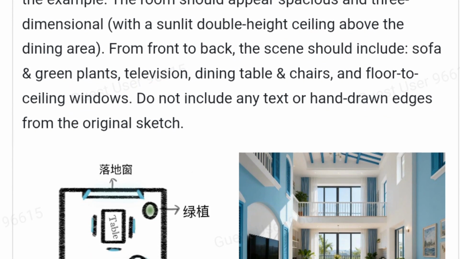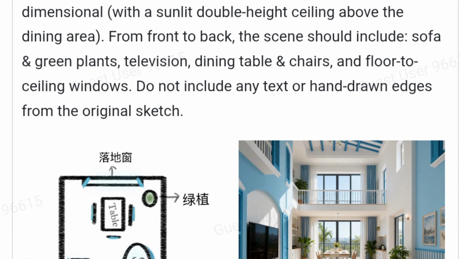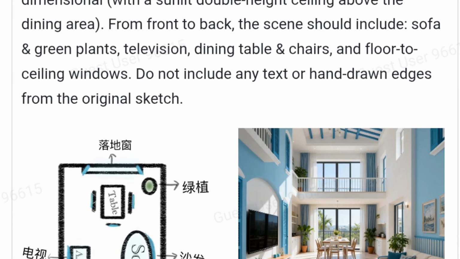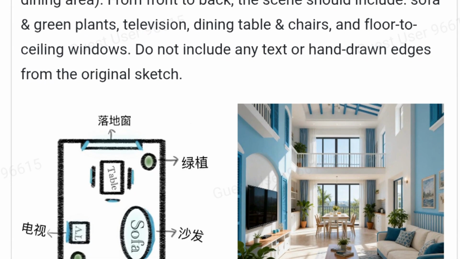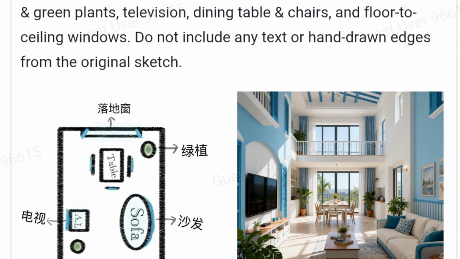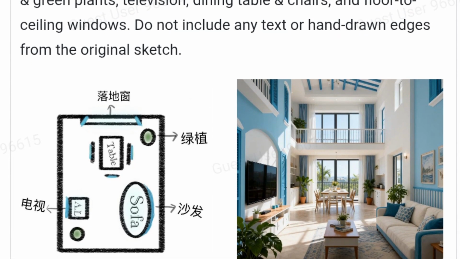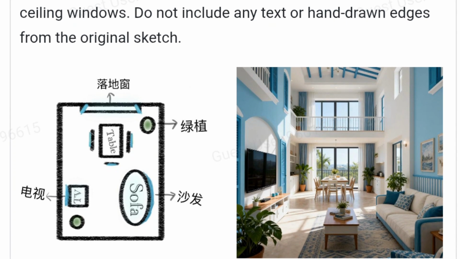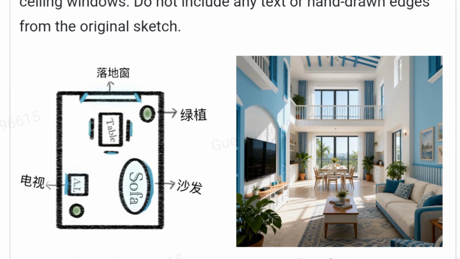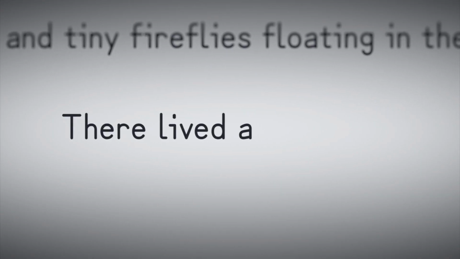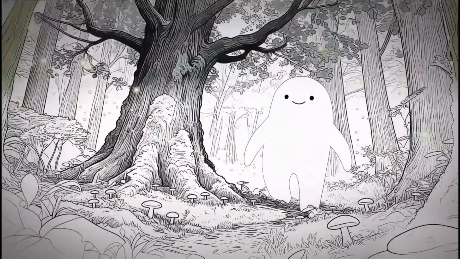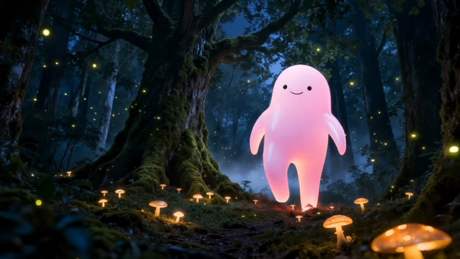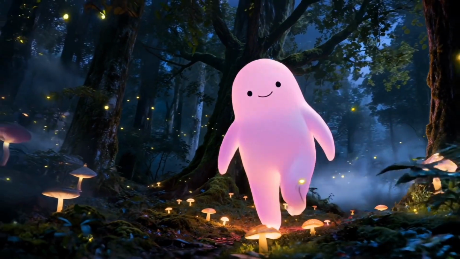Use a Mediterranean color palette and keep the spatial structure and orientation consistent with the example. The room should appear spacious and 3-dimensional with a sunlit double height ceiling above the dining area from front to back. The scene should include sofa and green plants, television, dining table and chairs, and floor to ceiling windows. Do not include any text or hand drawing edges from the original sketch.